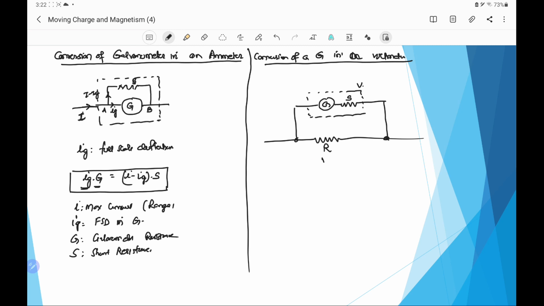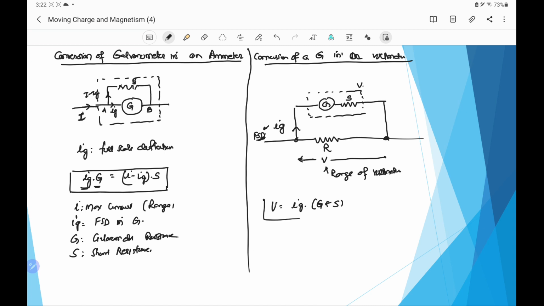For this, if V is the maximum voltage which we have to find, that is, the range of the voltmeter, then for this particular voltage, the current in the galvanometer should be Ig. This Ig will give the full scale deflection in the galvanometer. So we can write that V equal to Ig into G plus S, where G is the resistance of the galvanometer and S is the high resistance connected in series with the galvanometer.